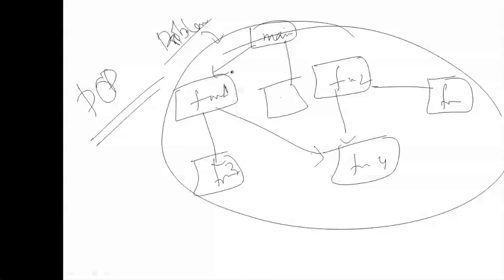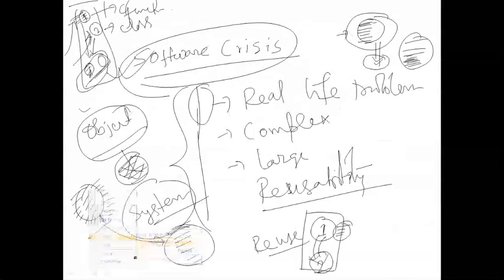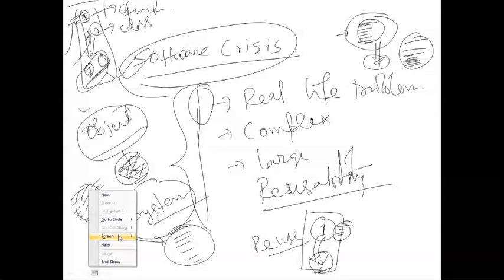So let us go to the next section. In the next section of this first chapter, you will find the object oriented paradigm. Some of the striking features of object oriented programming are discussed here.